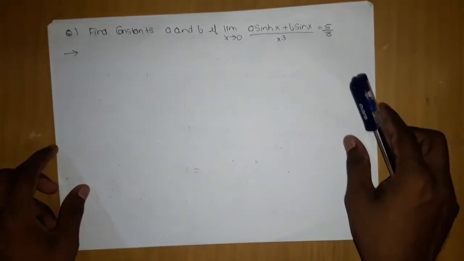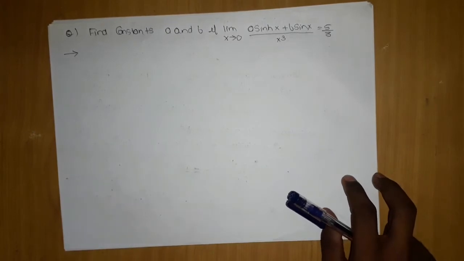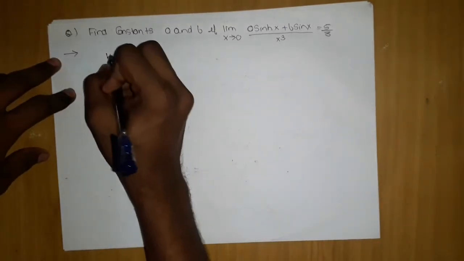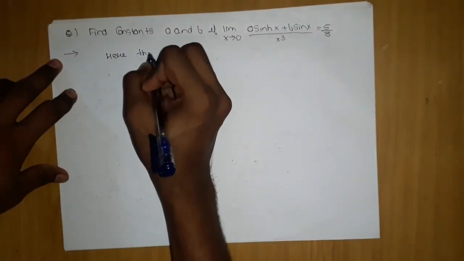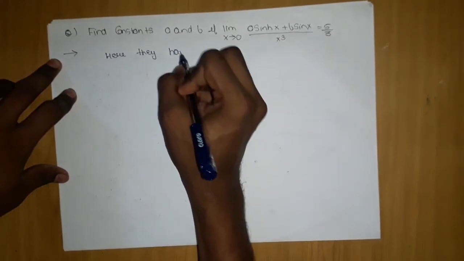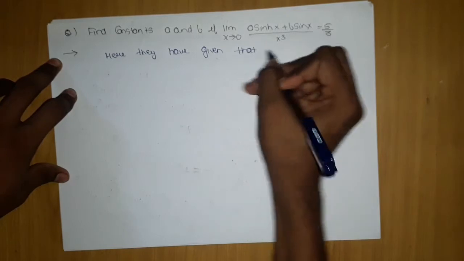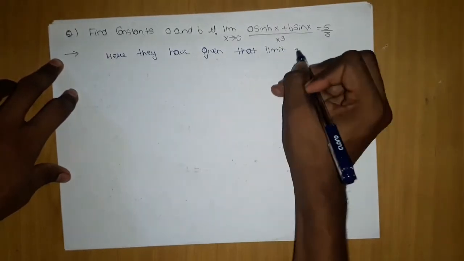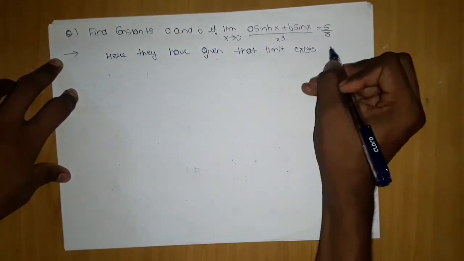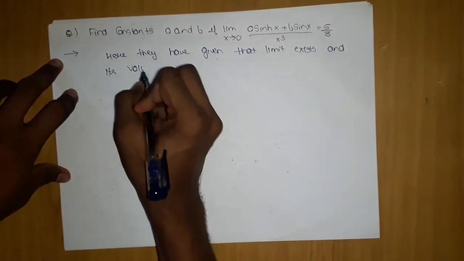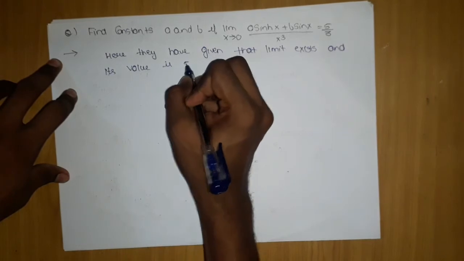Now in the next question: find constants a and b if the limit as x tends to 0 of (a sin hx plus b sin x) upon x cube equals 5 by 3. Here they have given that the limit exists and its value is 5 by 3.